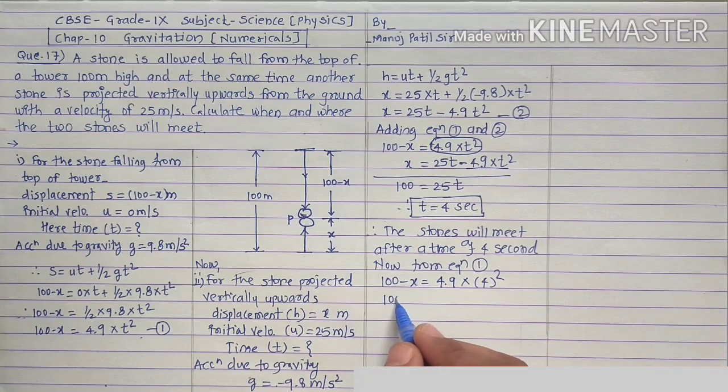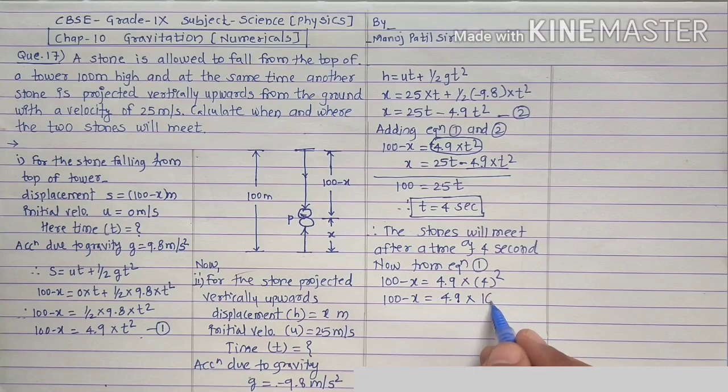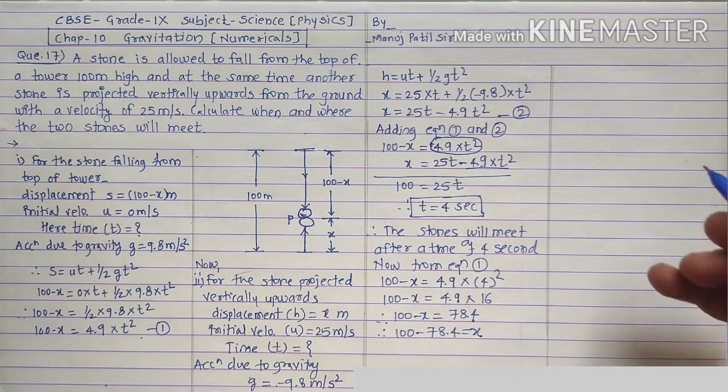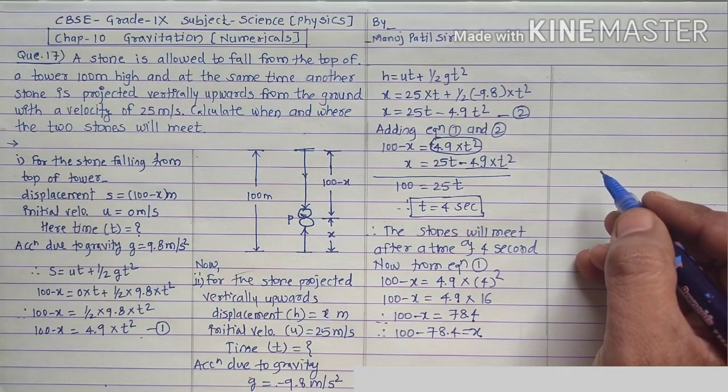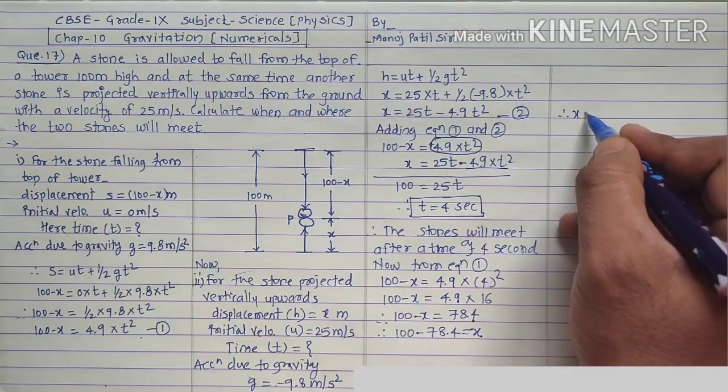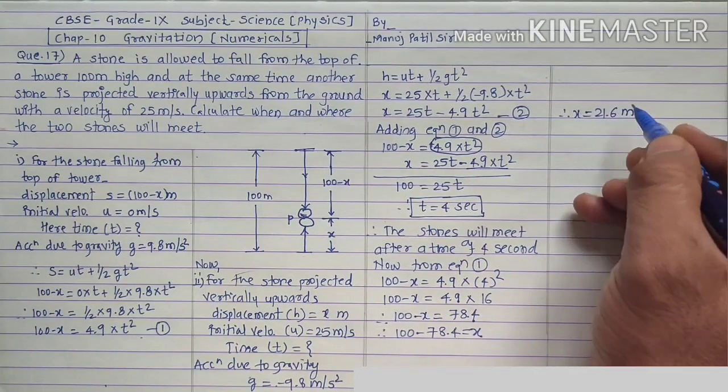So 100 minus x equals 4.9 multiplied by 16, that is 78.4. Understood? And so we can write here 100 minus 78.4 equals x. If you subtract 78.4 from 100, we get 21.6, and therefore x is equal to 21.6 meter.